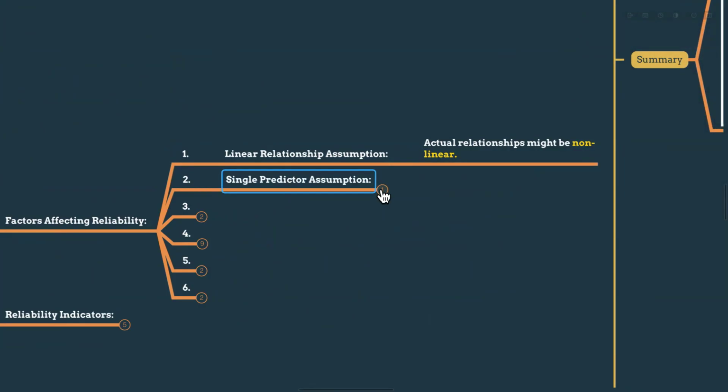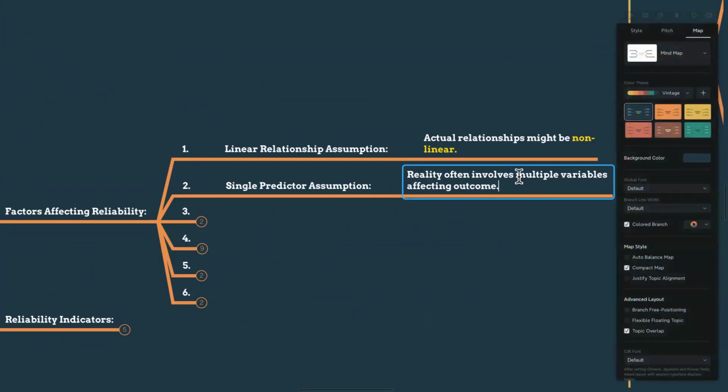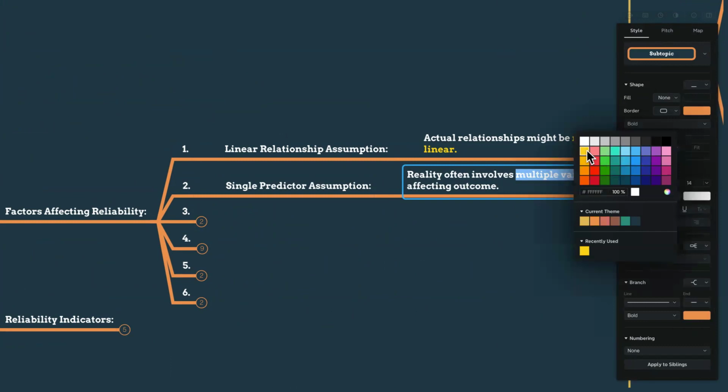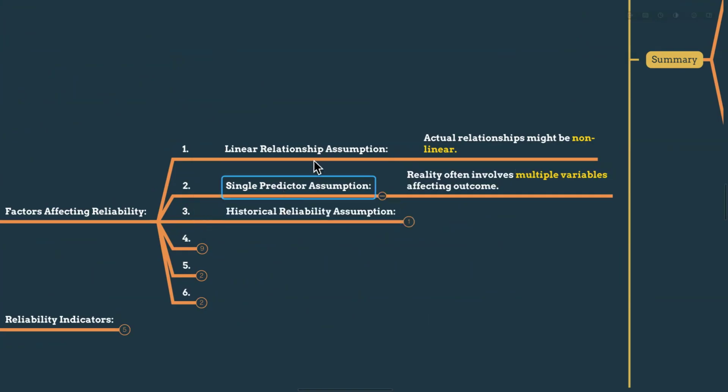And the single predictor assumption: reality often involves multiple variables affecting the outcome. So here only the x values, the independent variable, are deciding the y values, but in reality there are so many variables deciding the y values, the dependent variable. So the single predictor assumption and the linear relationship assumption affect the reliability of this estimation.